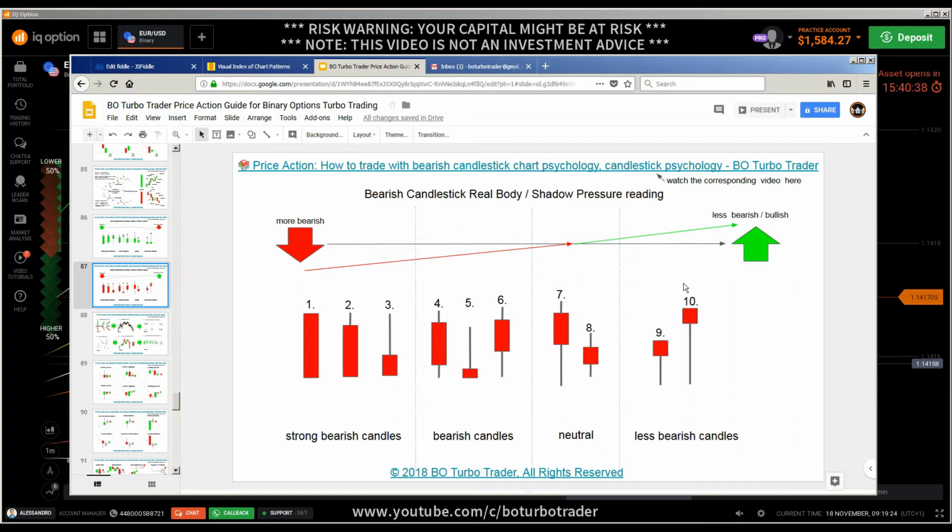This one here is less bearish, but can also be bearish, because I explained that if the lower shadow is extremely long, that could also be a sign that there is a lot of selling pressure, so it could go down. This is the overall progression of the relation or ratio between the real body and the shadows, the wicks, and that is pressure reading at its best.